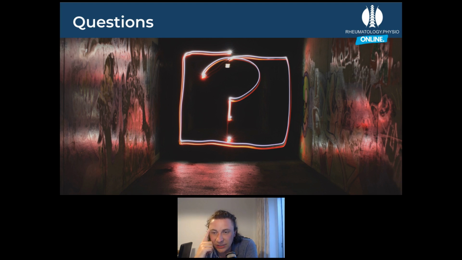Oh, it's moved. Sam said, can you get a mixed picture of SLE and Sjogren's? So yes, you can. Two sort of ways you could get that would be the undifferentiated connective tissue disorder, where as I mentioned, you could have someone with the butterfly rash and dry eyes, for example, but maybe they don't have significantly positive blood results. And of course, as I popped into the sort of complexity slide right at the beginning, medicine makes these distinctions, these diagnostic criteria, which really help with research and management if you bunch the patients together.